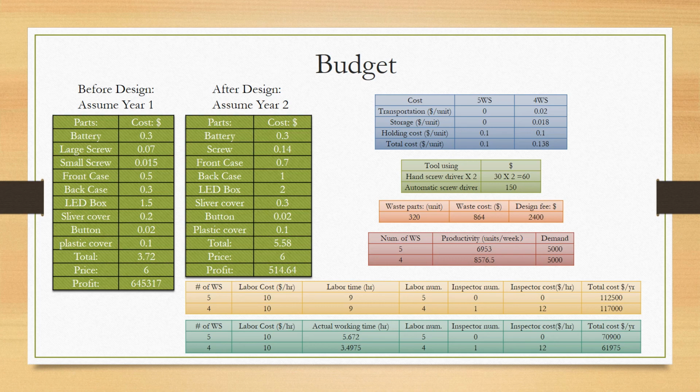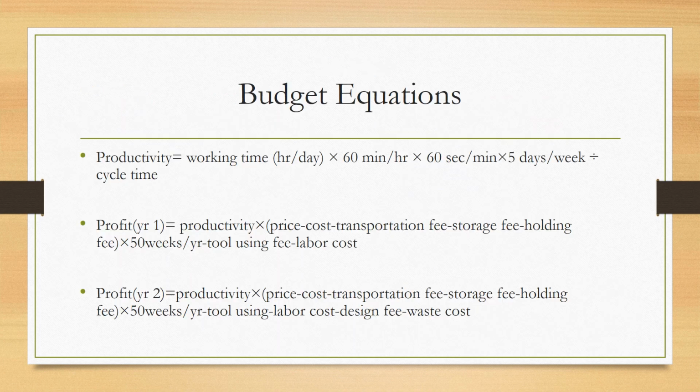Now look at the profit of the second year. Even though it's much less than the first year, it's still showing that we're gaining some money. So we believe that if we give it another year, the second design would have much higher profit than the first year. So with this budget calculation, we believe our design is economically feasible.